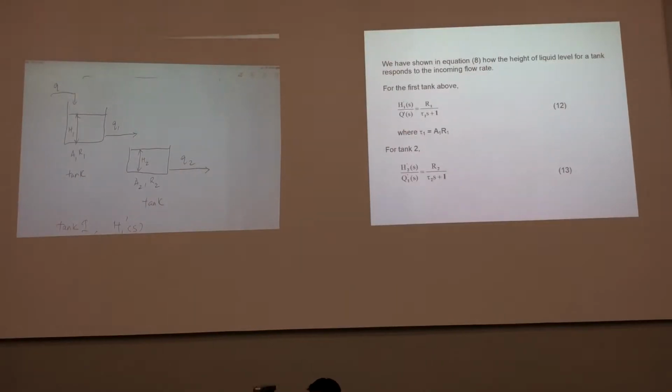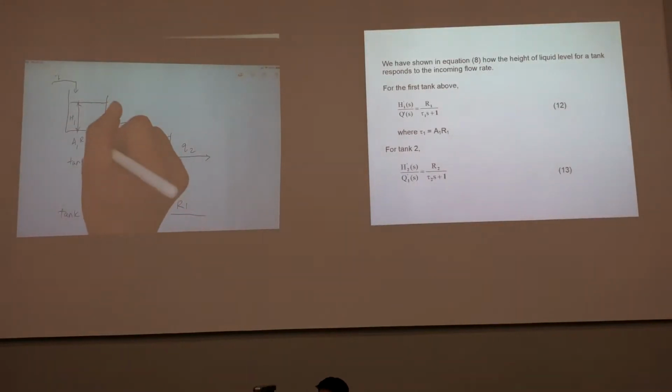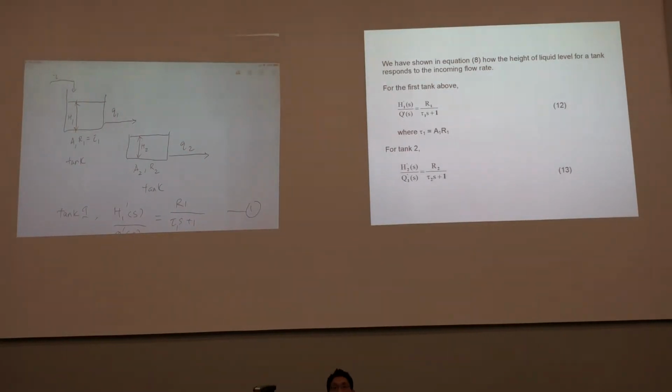Q. It has to be in Laplace format, so it has to be Q prime S. And R1 is for tank 1. And tau 1, of course, is A1 times R1. So I got tau 1 S plus 1. This one is for tank 1.